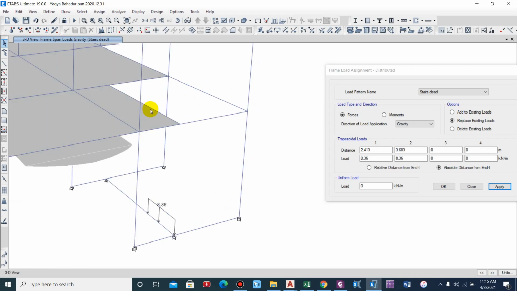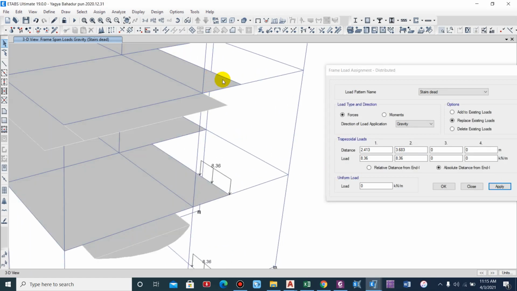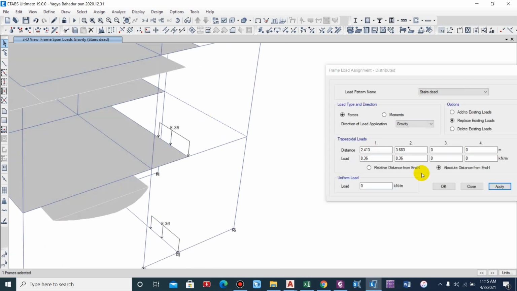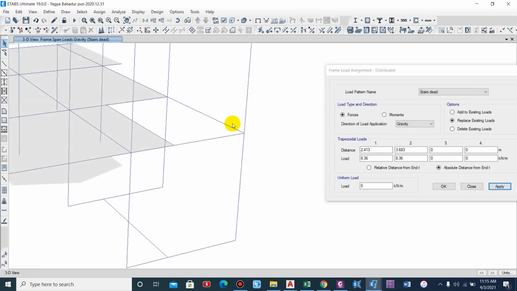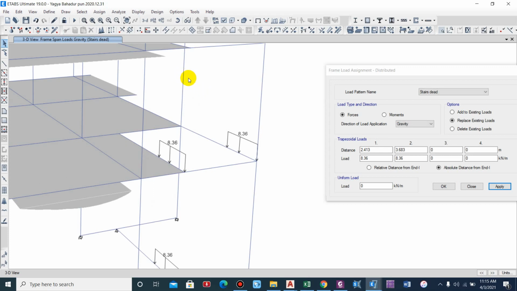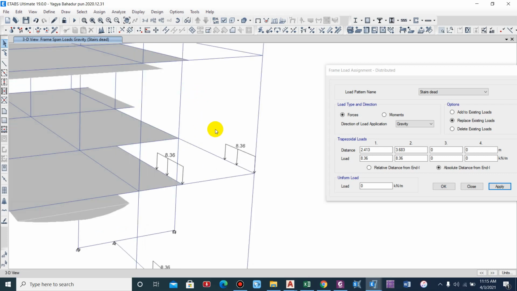Now let us go to this beam. In this beam, two flights will rest, at this point and at this point, not throughout the beam. So for this beam also apply. In this beam we'll have only a single flight resting on this particular point, and because there is no mid landing level, the staircase load will be applied on this beam through the wall provided over here.